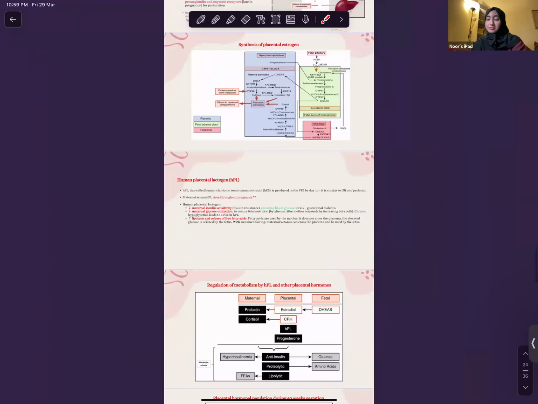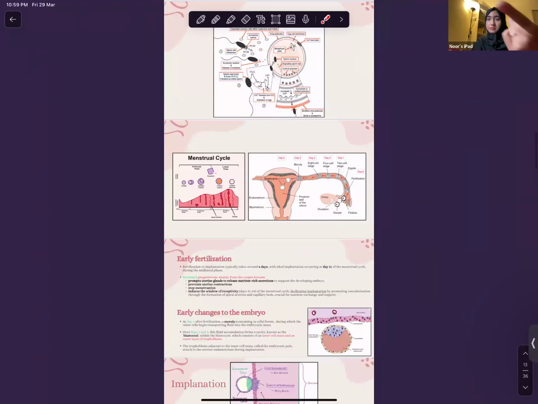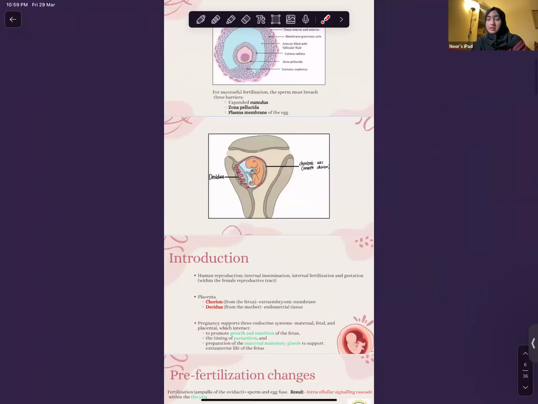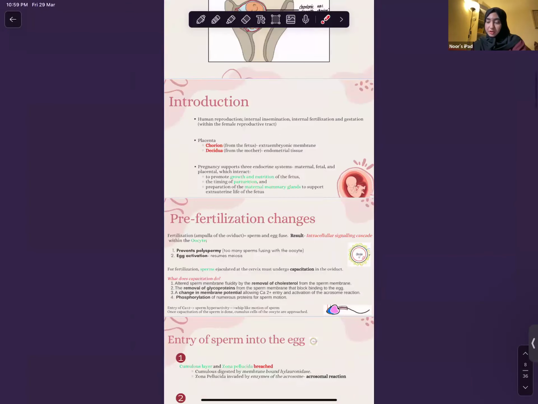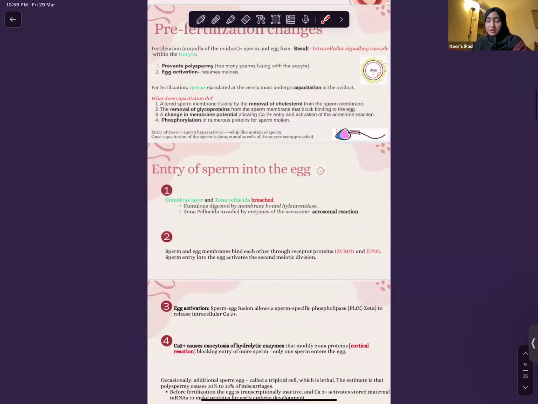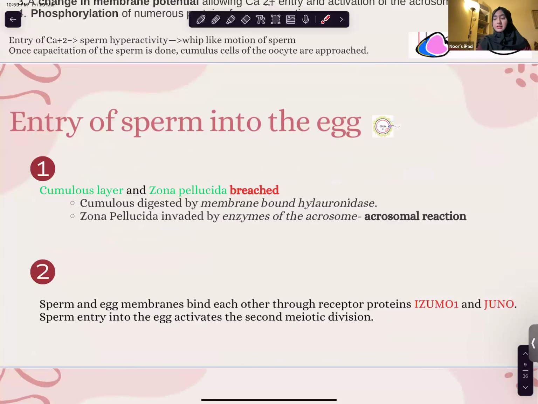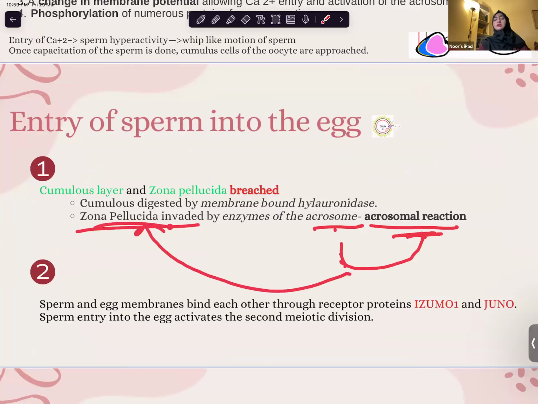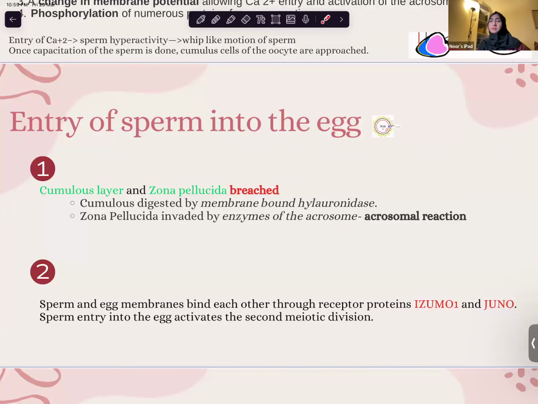Coming back to your option B, Zahra, you said it's acrosomal reaction. Let me explain what acrosomal reaction is. Acrosomal reaction is basically the reaction of the sperm. This reaction is involved in release of the acrosome contents, which are involved in breaching or invading the zona pellucida.